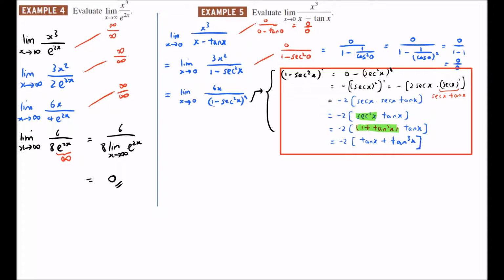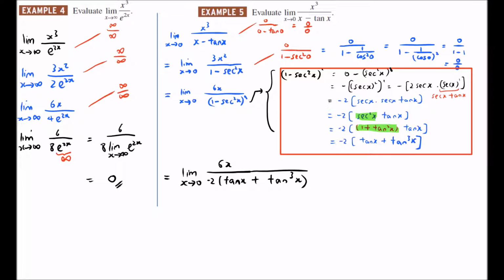So now after that, you say therefore equals limit x approaches 0, 6x over minus 2 bracket tangent x plus tangent cube x, close bracket.